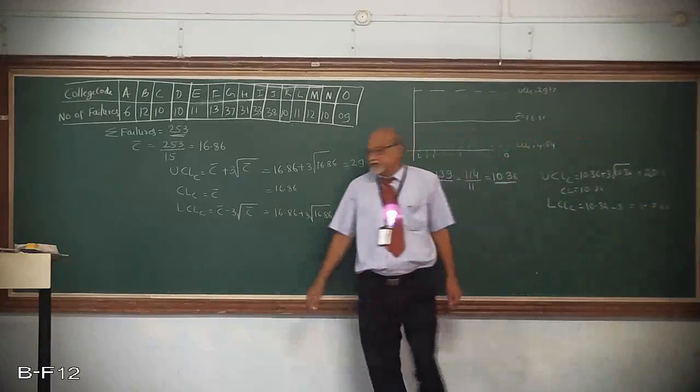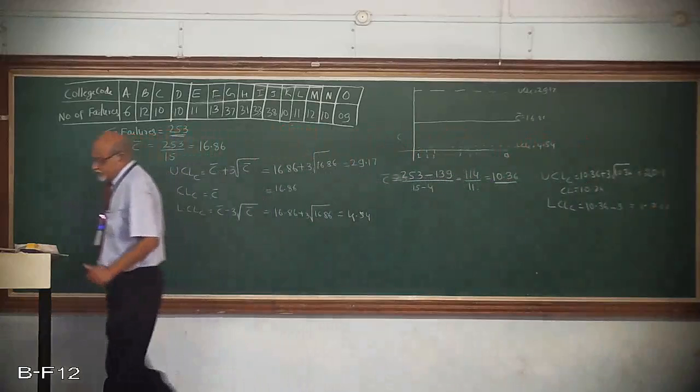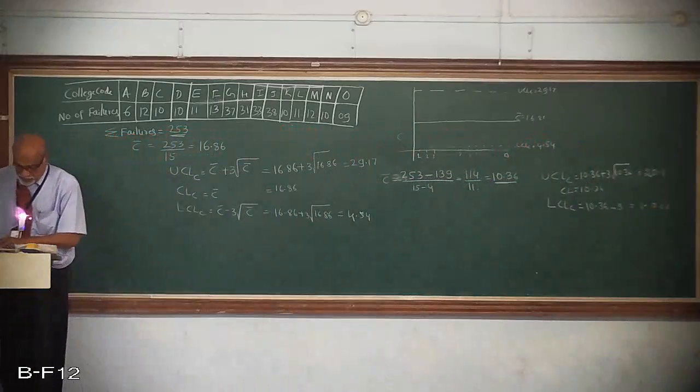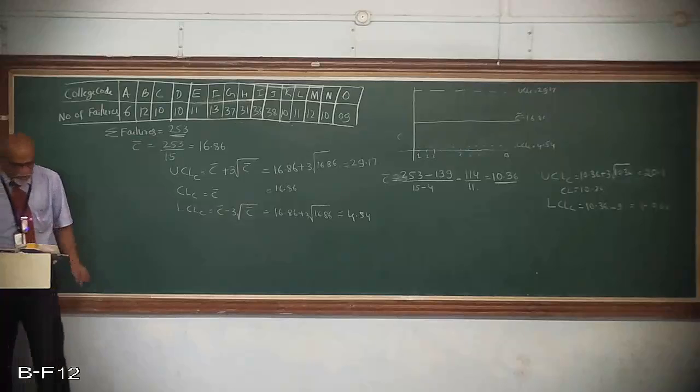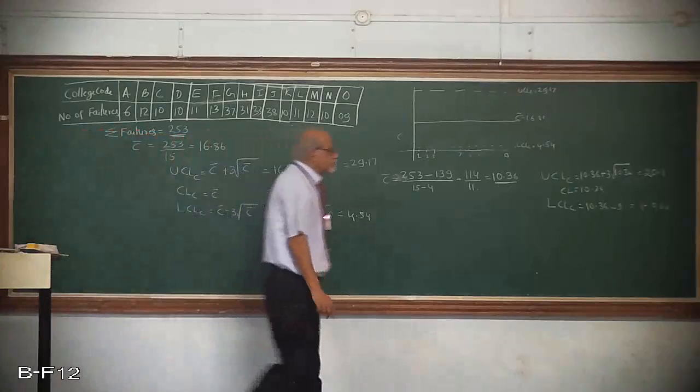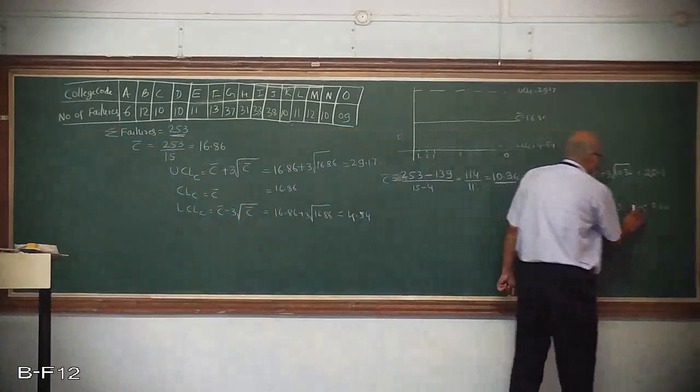Okay. So the upper control limit is 20.01 and the lower control limit works out to be 0.07.